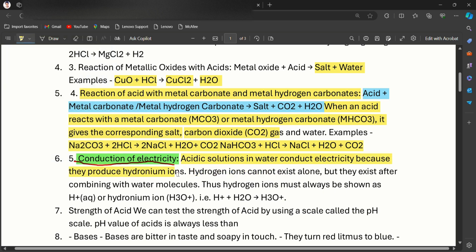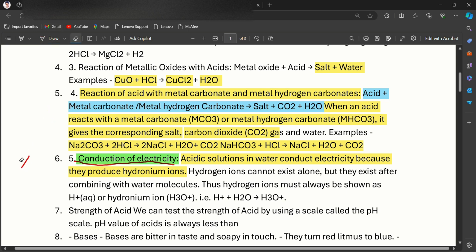Acidic solutions in water conduct electricity because of hydronium ion. हाइड्रोनियम आयन जान रहे हैं ना, H3O प्लस बनता है. समझ रहे हैं ना. जब हम लोग किसी भी एसिड को वाटर में डालते हैं तो वो H प्लस रिलीज करता है और ये H प्लस H2O के साथ मिलकर हाइड्रोनियम आयन बनाता है.